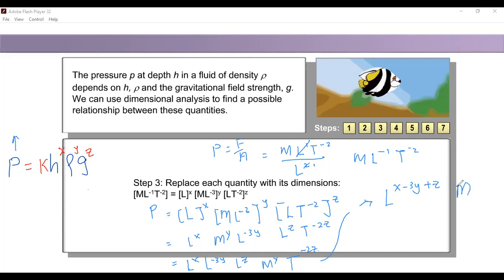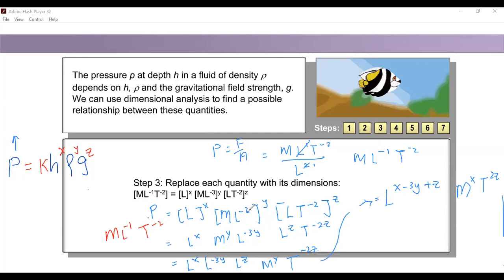M, X. T will be 2Z. So after that, we compare this side with the other side. The other side, I use red color. The P is M, L, negative 1, T, negative 2.